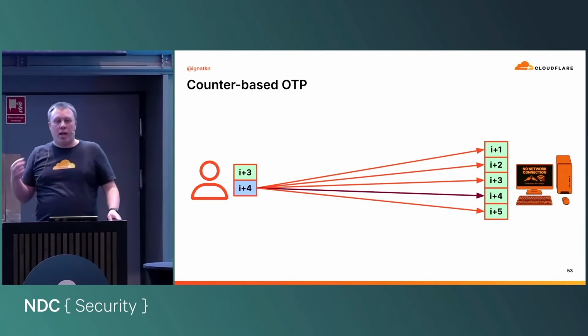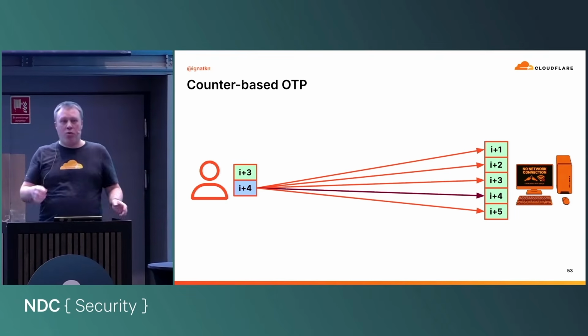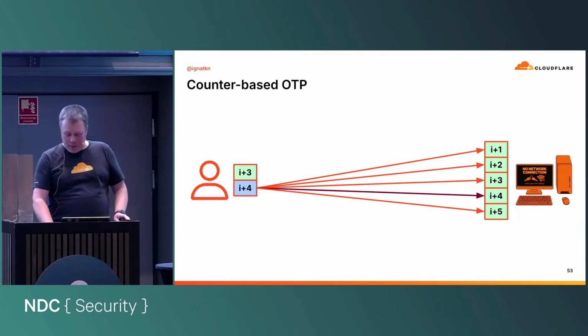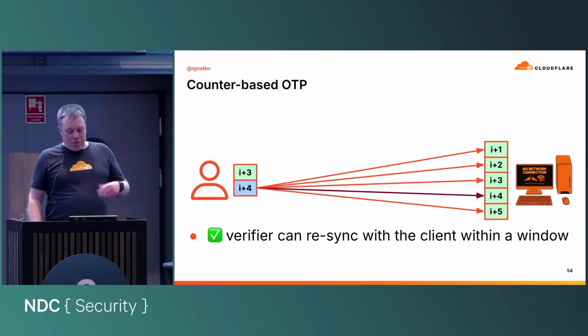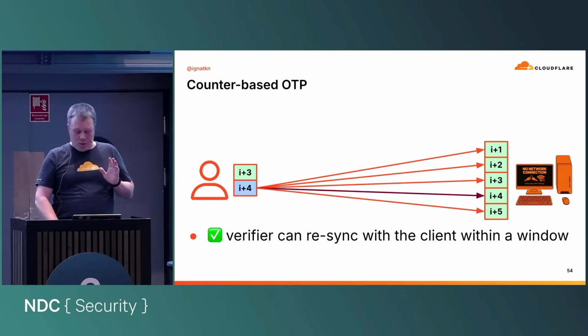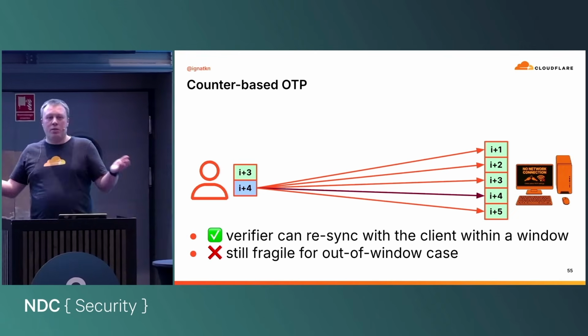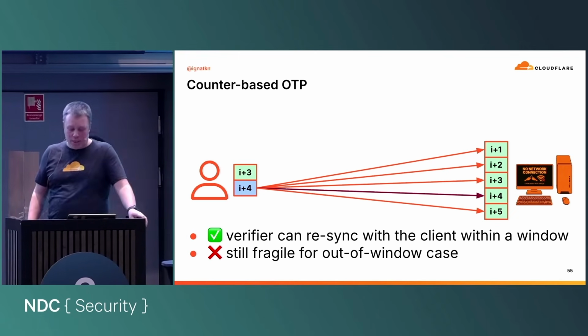So it's more likely that the user is at counter number 4, and the server can remember that and use it next time. In this case, the verifier can resync with the client within a certain window, but it's still really fragile, because if you're out of the window, you're done.